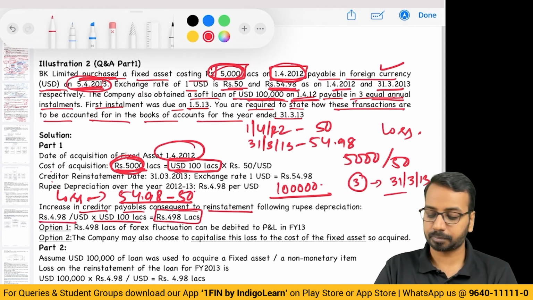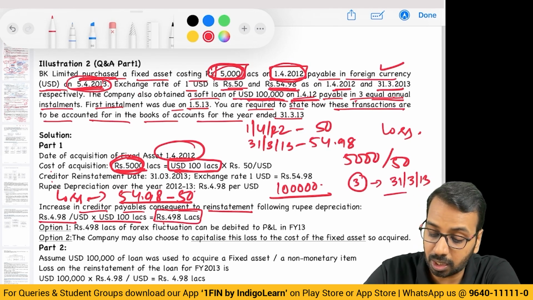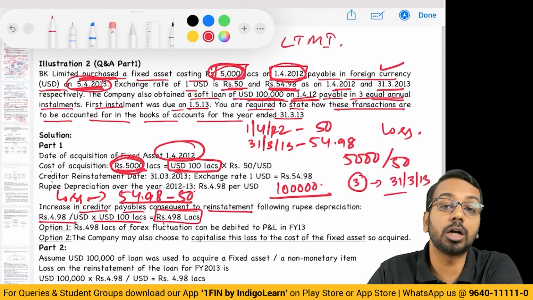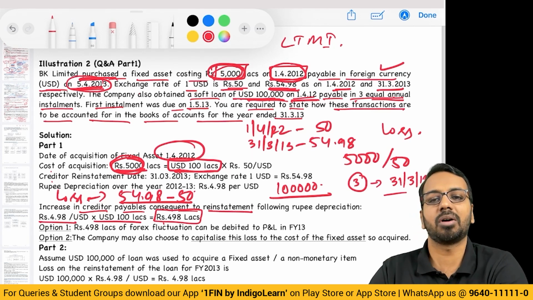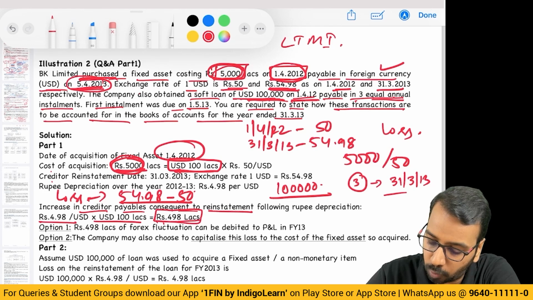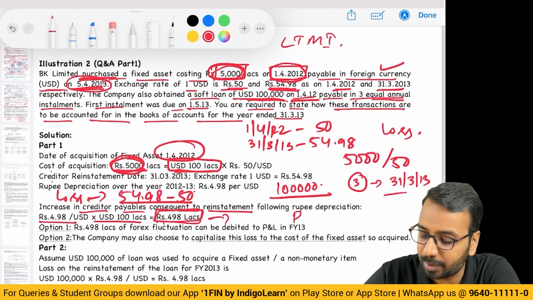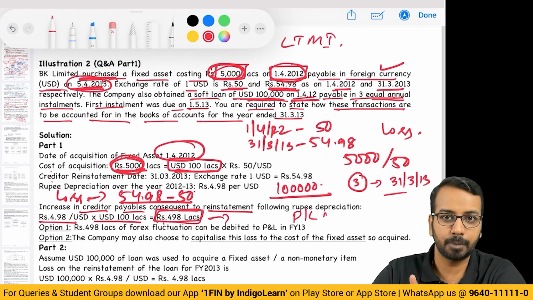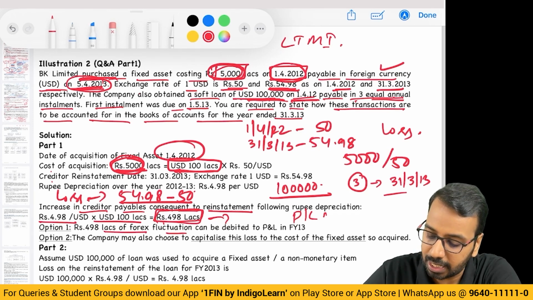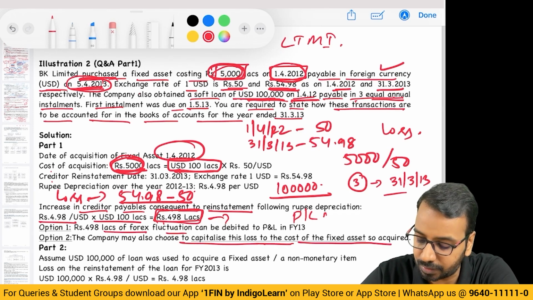Okay. Now this is a long-term monetary item. Sir, how do you say it is long-term? More than 1 year. Now, this exchange loss of 498 lakhs, I can debit it to P&L. That is the first treatment. Or I can take the forex fluctuation and capitalize this loss to the cost of fixed asset.